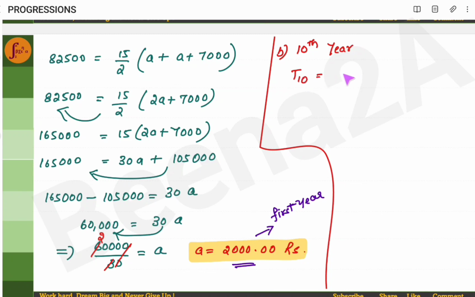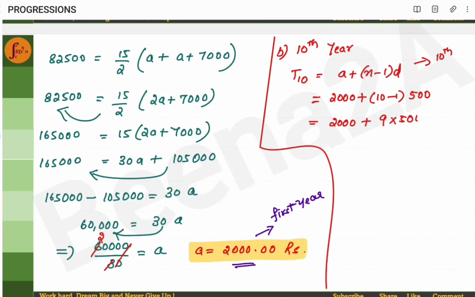T10 is, what is the formula? A plus N minus 1 into D. A, we got it as 2,000 rupees. N is 10 now because we have to find 10th year. So N is 10. 10 minus 1 into difference. Difference is 500. So this will become 2,000 plus 9 into 500 is equal to T10.